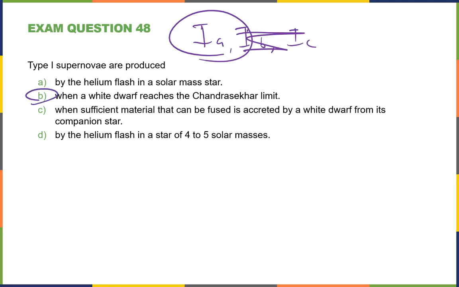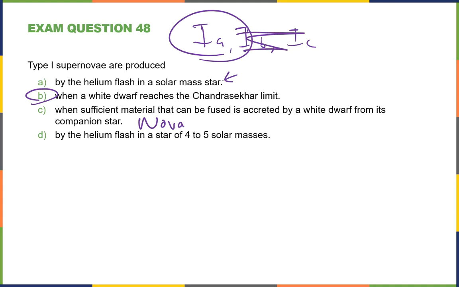I just wanted you to think about the type 1 to make it easy. So what's the other type of supernova then? When sufficient material can be fused... that's actually a nova. C is a nova. Is it A? It is A. Wait. By the helium flash in a solar mass star? No. That is what occurs when you have a star.